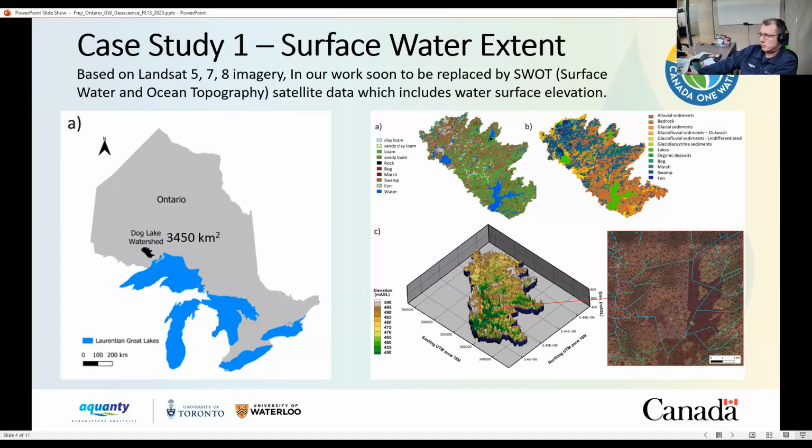And the example we're looking at here, this is a watershed up north in the Canadian Shield. It's about 3,500 square kilometers, and it's in a region with a lot of small lakes. And while there wasn't a lot of groundwater monitoring data that we could use, there were many, many lakes, and we modeled the bathymetry of those lakes and stitched the bathymetry into our digital elevation model to create a digital terrain model.